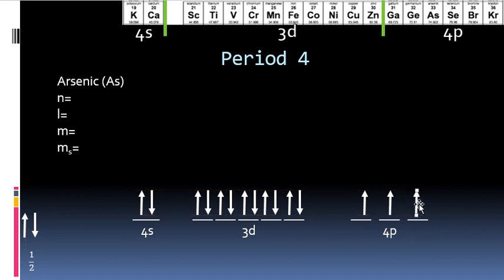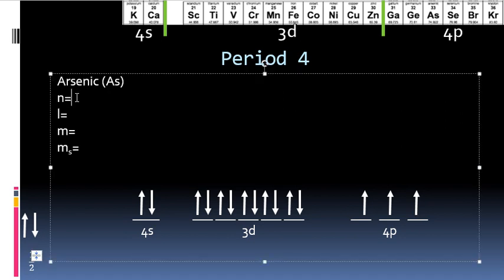Therefore, the final electron, the one that is in the last subshell of the 4p orbitals, would have the following quantum numbers. Since we're now in a p electron, the period number will equal the principal quantum number, which in this case is 4.